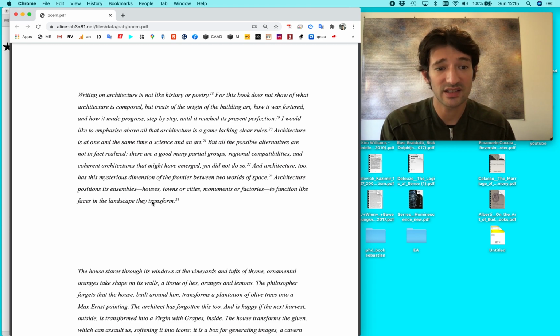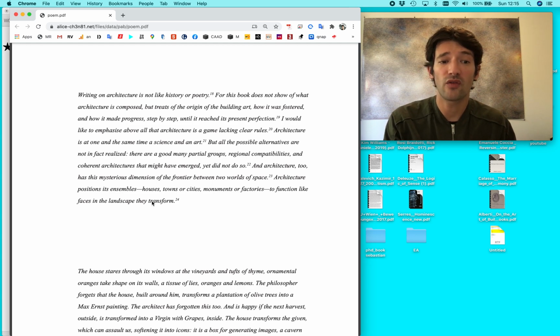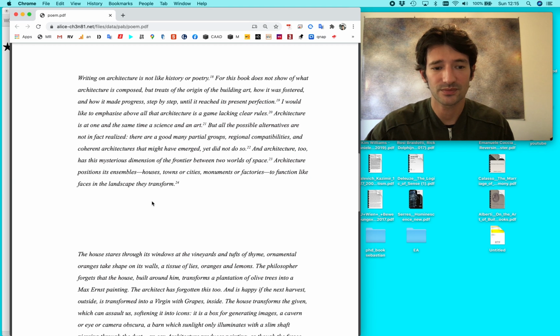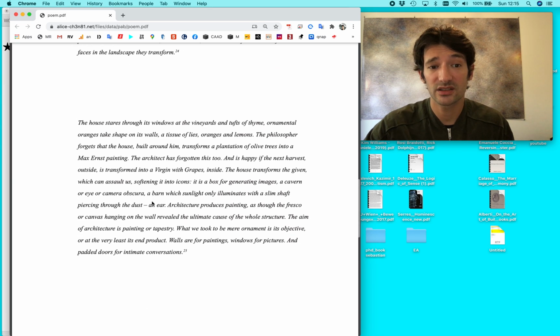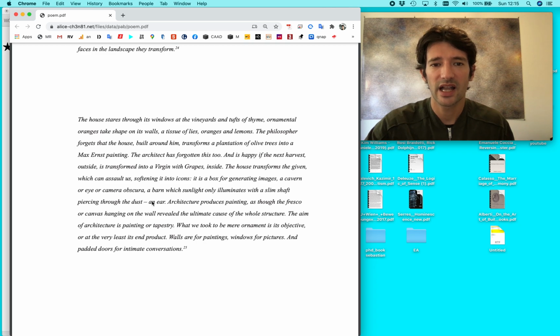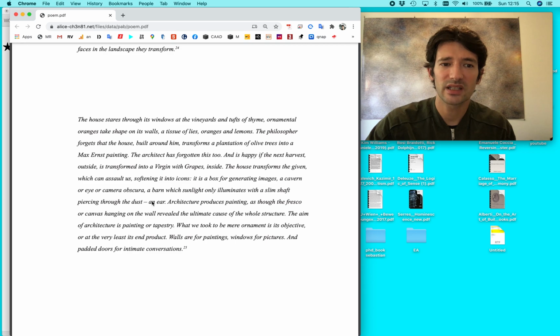Architecture positions its ensembles, houses, towns or cities, monuments or factories to function like faces in a landscape they transform. The house stares through its windows at the vineyards and tufts of time. Ornamental oranges take shape on its walls, a tissue of lice, oranges, and lemons.